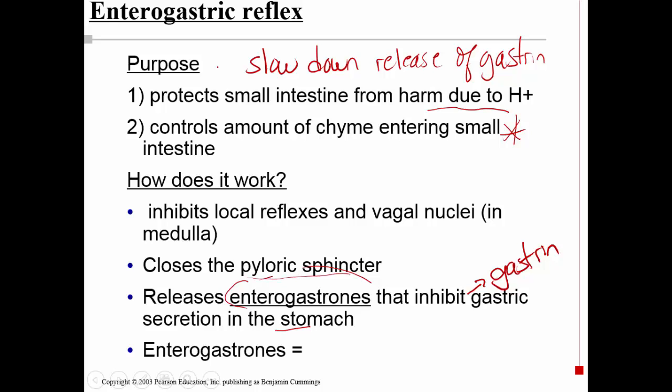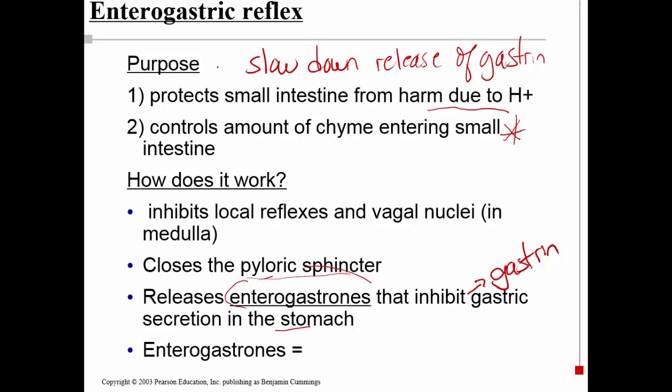Now remember, this is the valve between the stomach and the small intestine. So now this is going to close so no more chyme can come through, and the enterogastrones are going to slow down the release of gastrin. So essentially this is slowing down the whole stomach in its production of chyme.